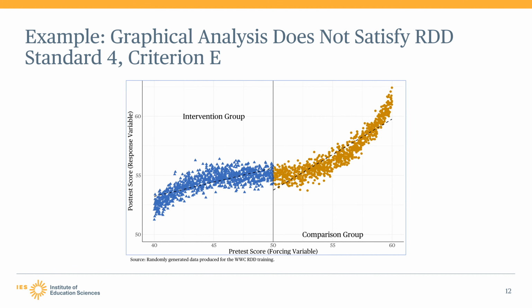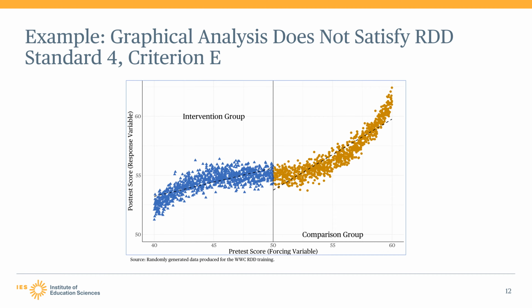In contrast, here's a different graph that displays a scatter plot of the raw data and the fitted regression lines used to estimate the intervention impact at the cutoff score of 50. Again, a global linear regression model specification was implemented on either side of the cutoff. However, in this example, the scatter plot suggests that this linear model specification is inconsistent with the functional form implied in the scatter plot.